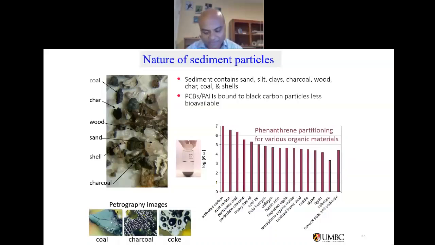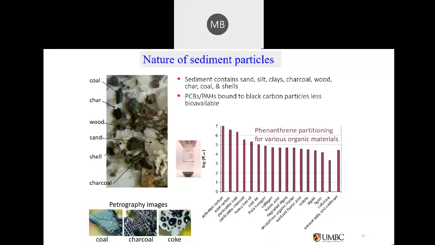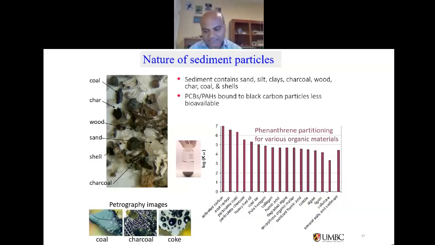So at the core of this, again, issue of sorption processes controlling bioaccumulation was a carbon story. We all hear about carbon in a negative light when it's in the atmosphere in the CO2 form. But carbon plays a major role in life processes. And so when we look closely into sediments and geochemical components in sediments, we find a lot of carbon. And there is an interesting link here between the carbon in sediments and these toxic pollutants, because these toxic pollutants being hydrophobic, they tend to like hydrophobic surfaces.